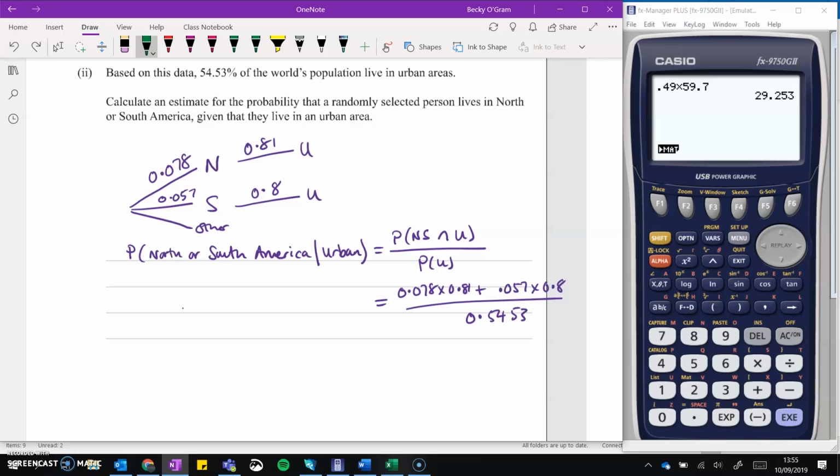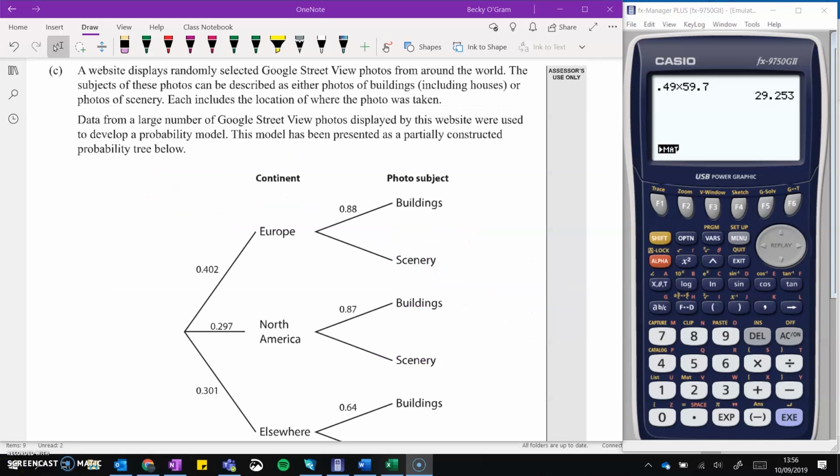This bit here is from this branch here, North and urban, added to South and urban, and then divided by the probability of being in an urban area, which is the data we were given right at the start of this particular part. That comes to 0.1995.